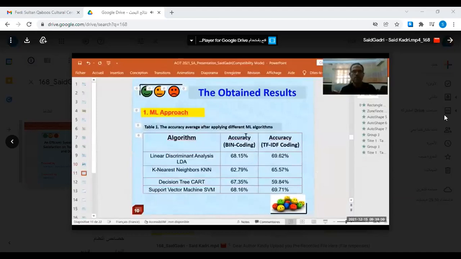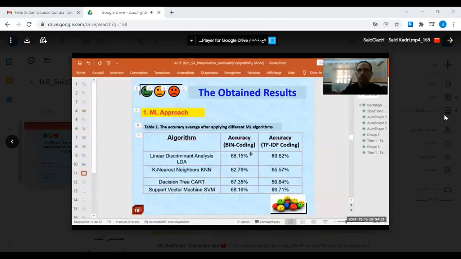For the obtained results, we have applied in the first stage a machine learning approach. We have applied many machine learning algorithms. We have used in our experimental work the algorithms called LDA, KNN, CART, and SVM.